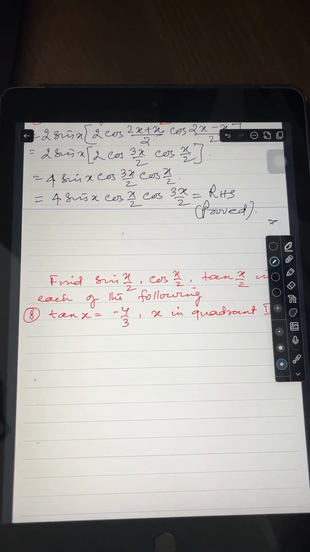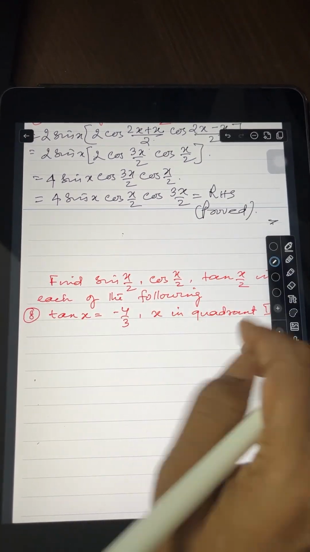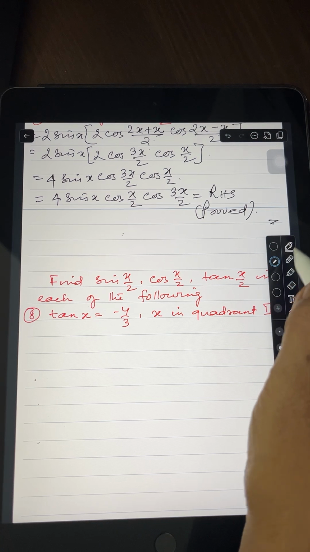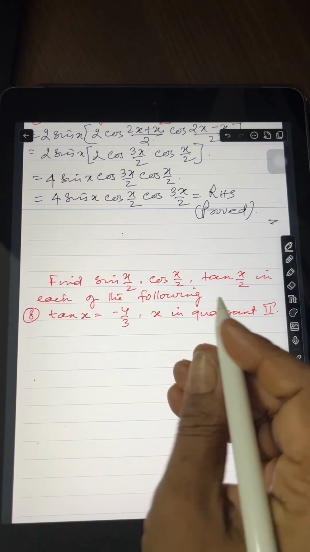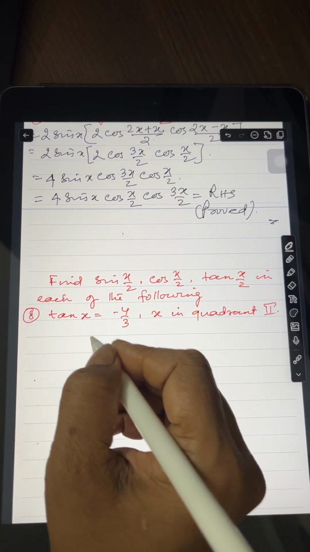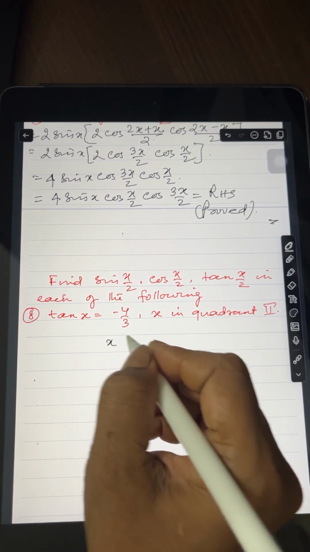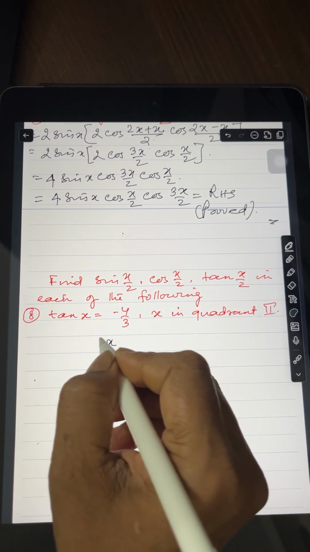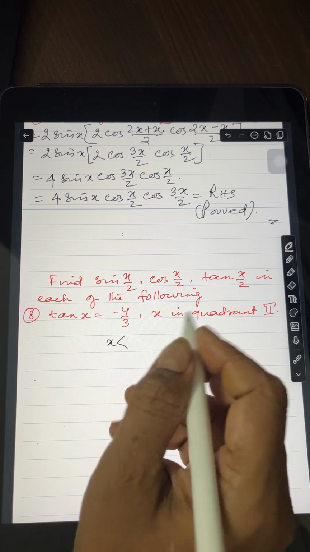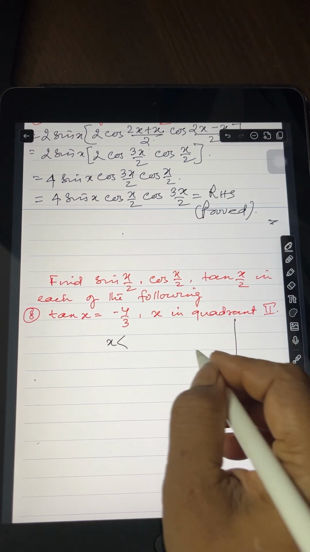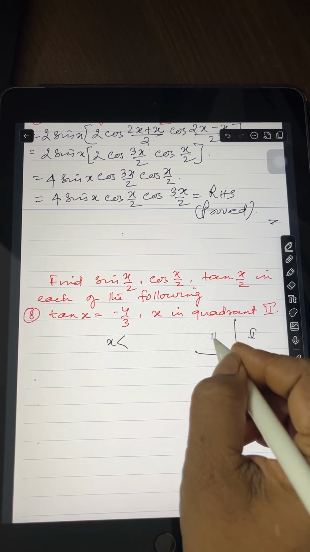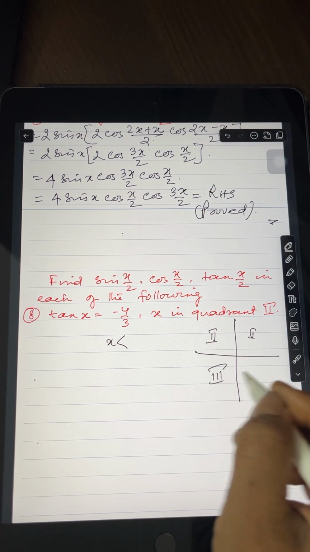Now you see, x is in which quadrant? What he's saying is x is in second quadrant. You see, this is first quadrant, this is second, this is third, and this is fourth.